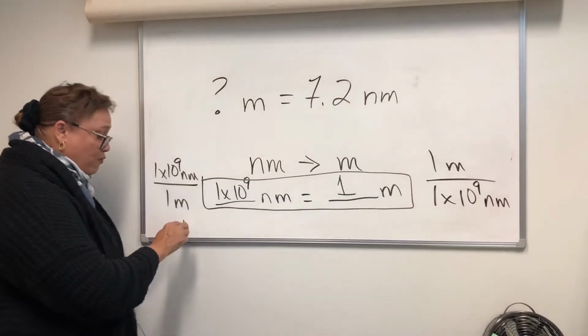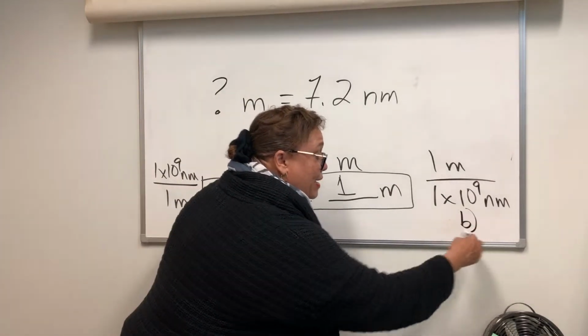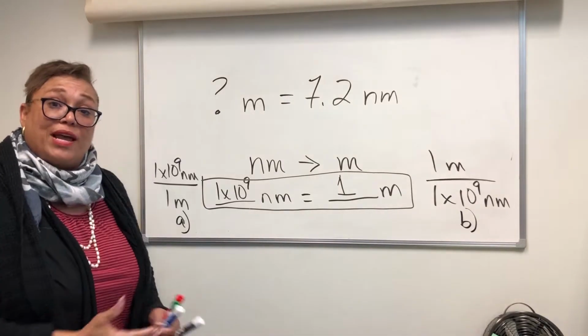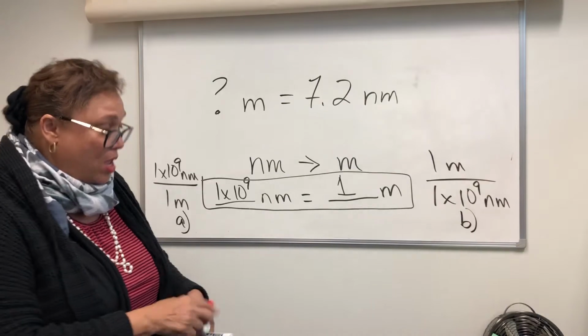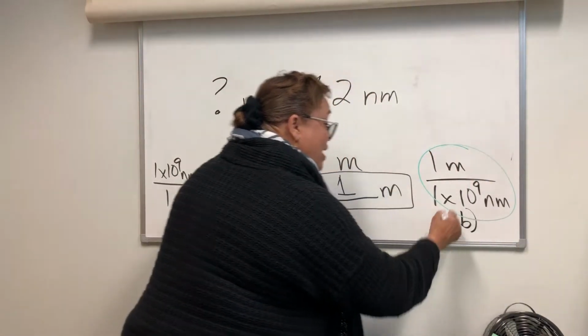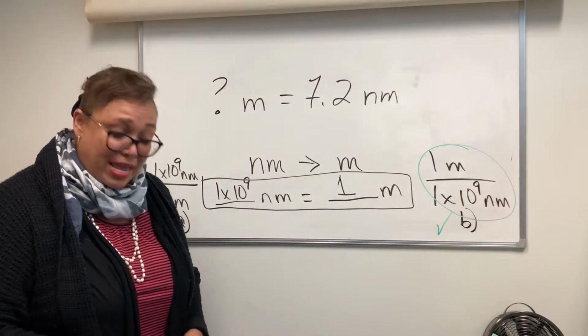So let's call this fraction A and this fraction B. Which fraction should we use? Noting what I said previously, bam! You got to cancel it out. Well, obviously, B's going to win, right? Because I've got to cancel out those nanometers.